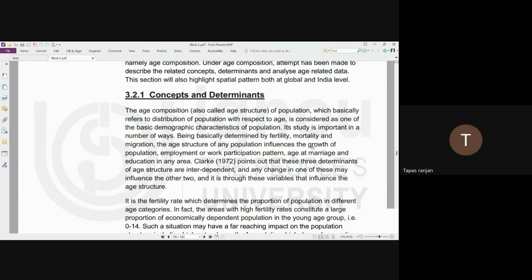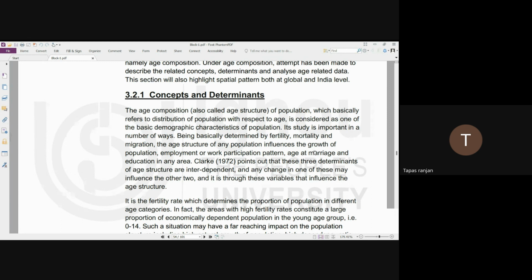So the working population in the urban areas will be quite high as compared to the rural areas. So the dependent population in rural areas is high. Now why? Because a lot of people have migrated towards the urban area, and the age composition has also changed because of this migration process.